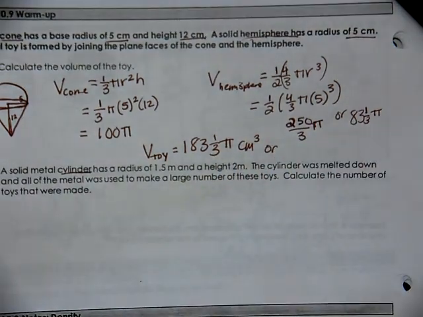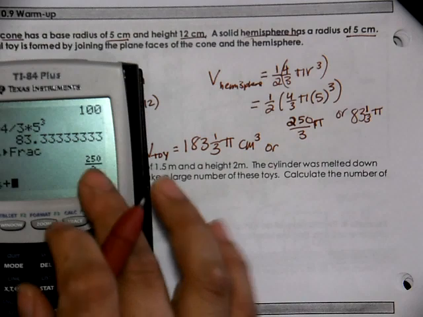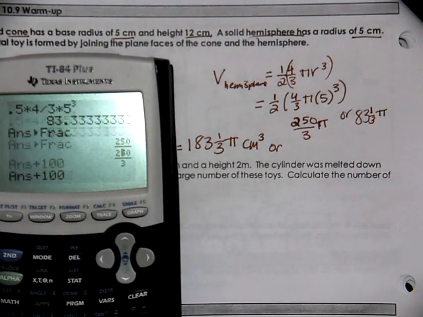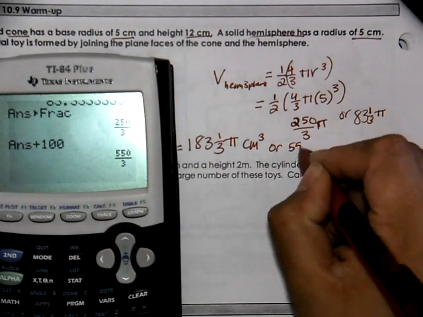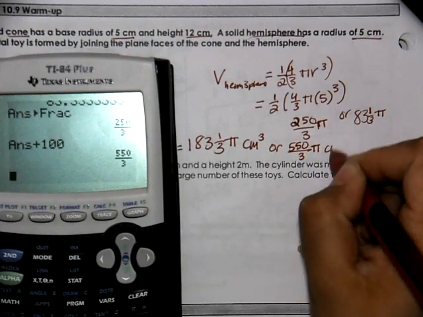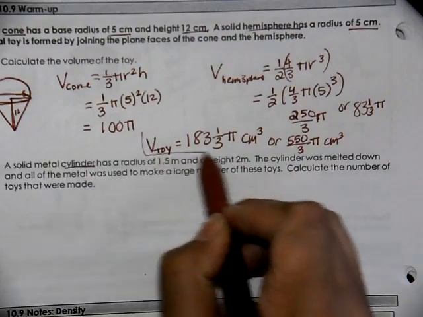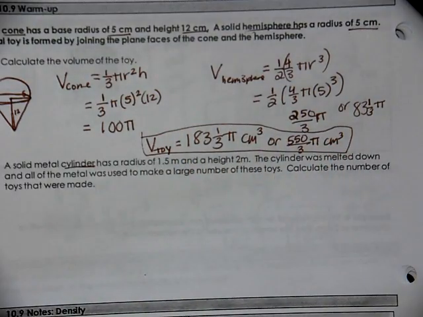Or if you don't want a mixed fraction and you'd rather write an improper fraction, then you can just go ahead and add our previous answer, which was 250, to 100, which was the cone's volume, and you get your answer as a fraction again, which is 550 over 3 pi. Okay, and the units are still cubic centimeters. So I'd prefer you not to get a decimal here because there's actually going to be a part 2, but you can write your answer either of those two ways.